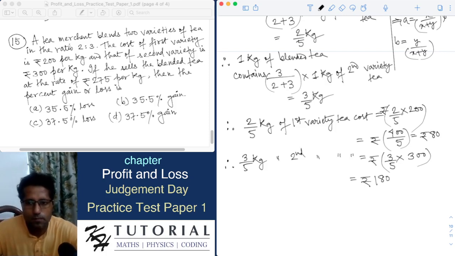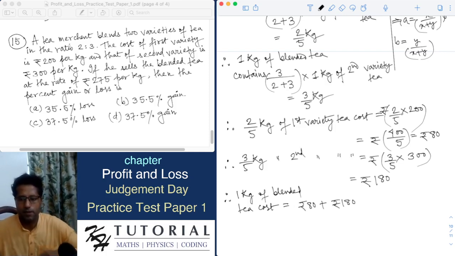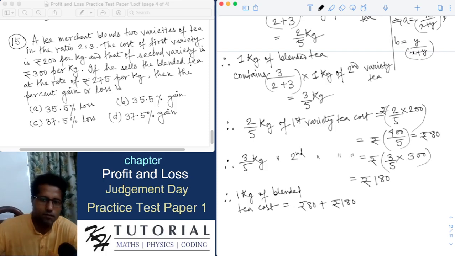Okay. So therefore 1 kg of blended tea costs rupees 80 plus rupees 180, because rupees 80 was the cost of 2 by 5 kg of first variety of tea, and rupees 180 was the cost of 3 by 5 kg of second variety of tea, and 1 kg of the blended tea contains 2 by 5 kg of first variety of tea and 3 by 5 kg of second variety of tea.